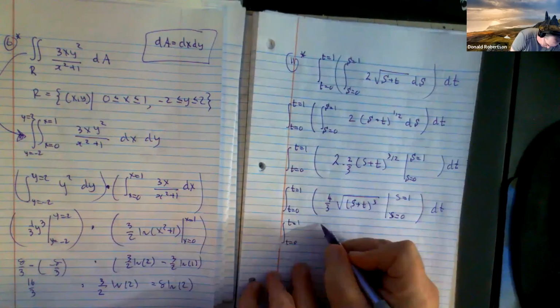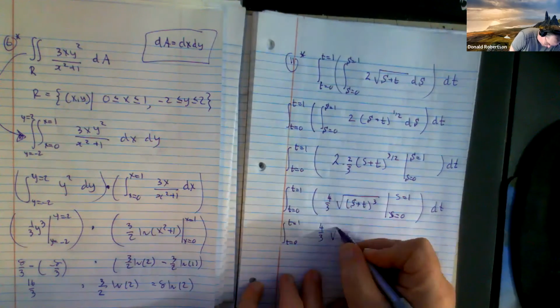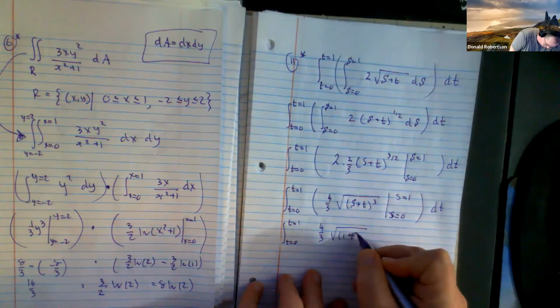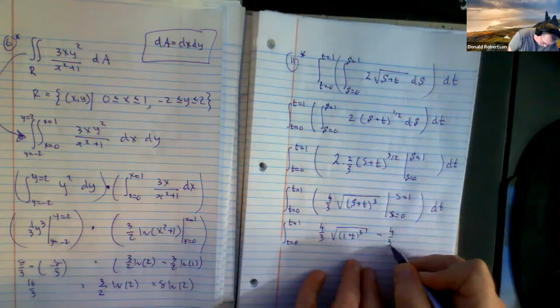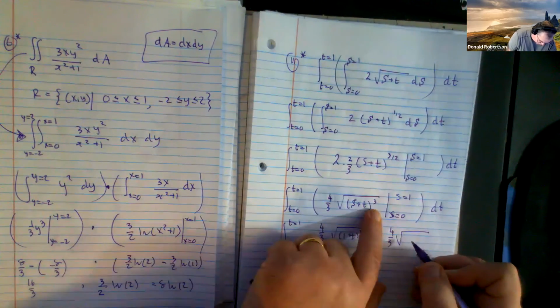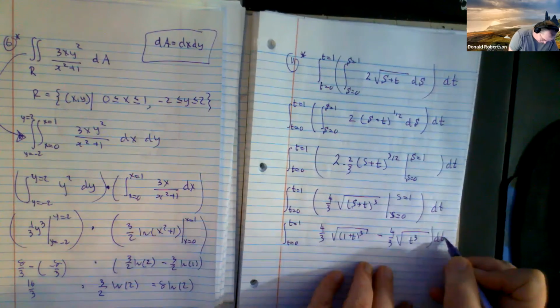So what do I get? I get 4/3, plug in 1, and you get the square root of 1 plus t cubed. Take away 4/3, the square root of plug in 0, so you basically get t cubed dt.